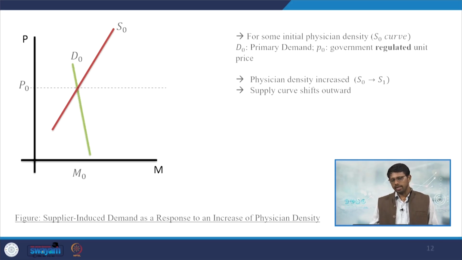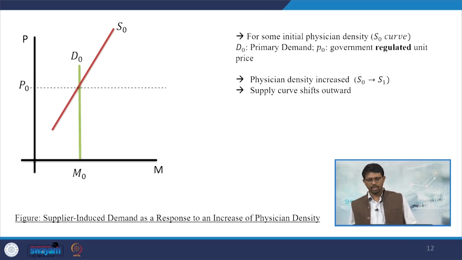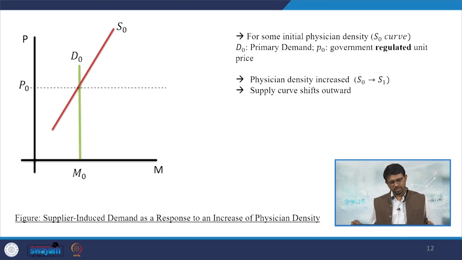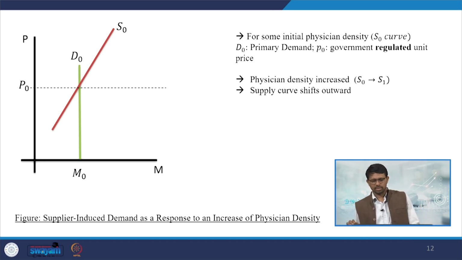Now, we are going to a non-market or regulated case, where a government regulated unit price prevails. If it is 100% regulated, then demand is considered inelastic, and for some initial physicians we start with the S0 supply curve, D0 is the primary demand, and P0 is the government regulated unit price.